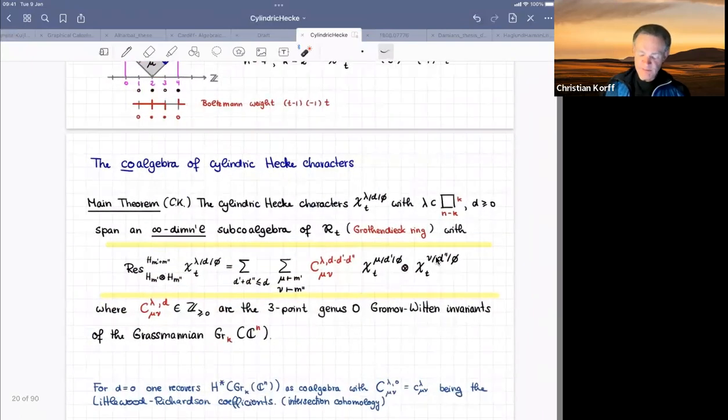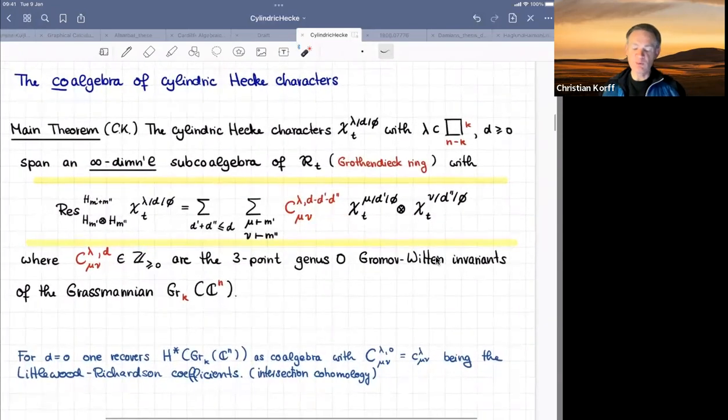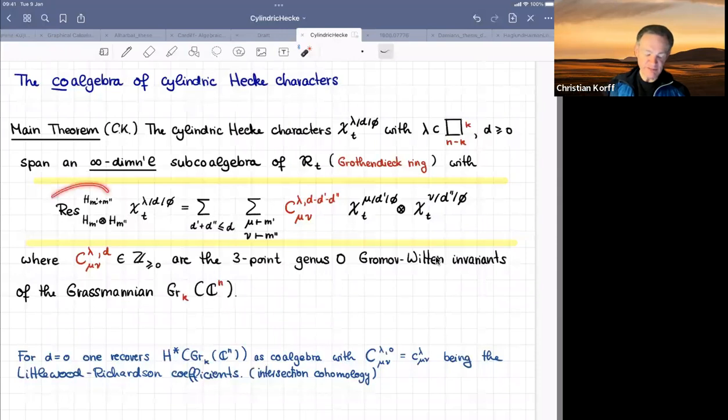So what this is telling me here is that I have constructed a positive coalgebra within the Grothendieck ring of my Hecke characters, of my Hecke algebra, sorry, which is closed under this coproduct, the restriction functor, and whose structure constants are all positive and also have a geometric interpretation.